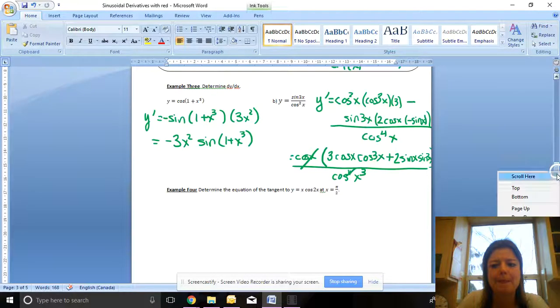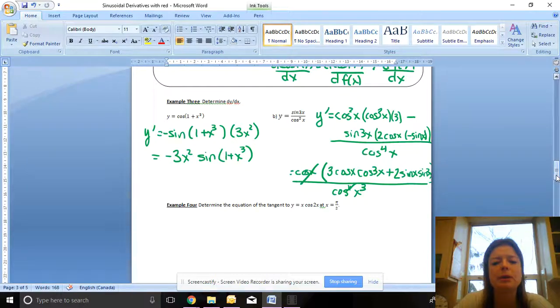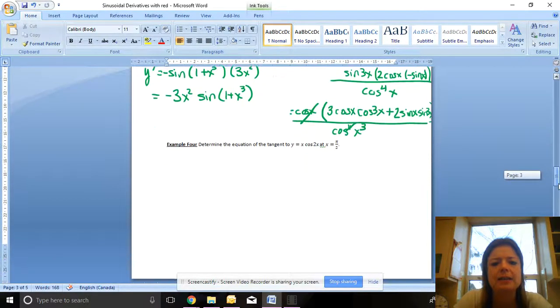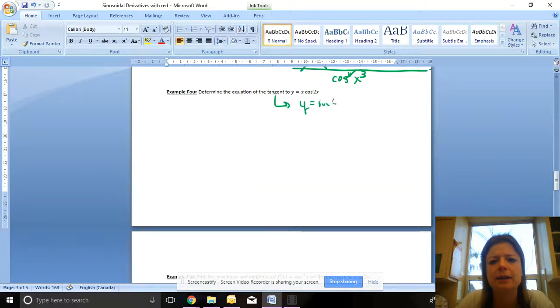Okay. So now let's move to example 4, where we want to determine the equation of the tangent to this function, x cos 2x, at pi over 2. So the equation of the tangent, so the tangent is always a line, so that's just y equals mx plus b.